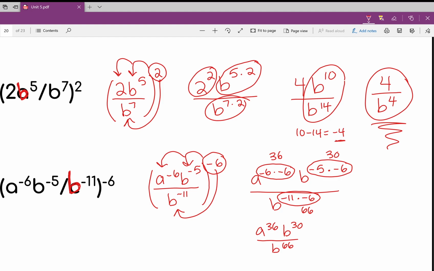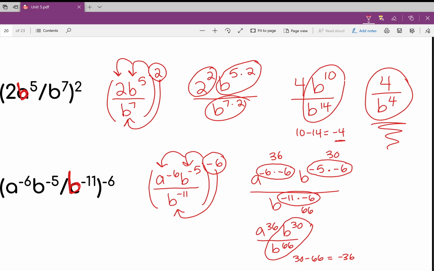So now we have to see if we have any bases in common. And we do, we have B's. So we're going to subtract them. So 30 minus 66 is equal to negative 36. So since it's negative, we know our exponent is now going to go on the bottom.